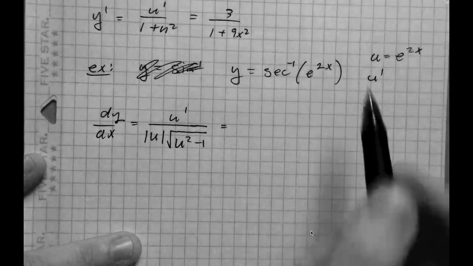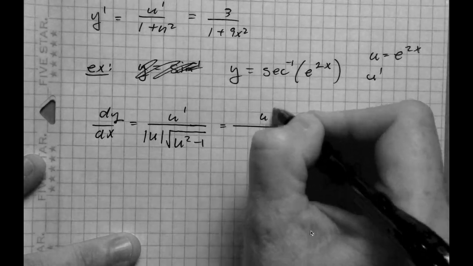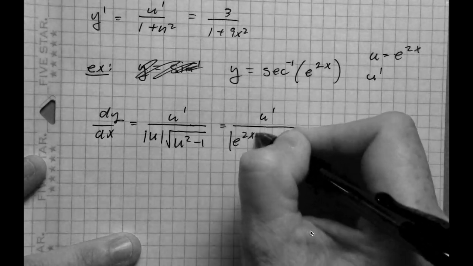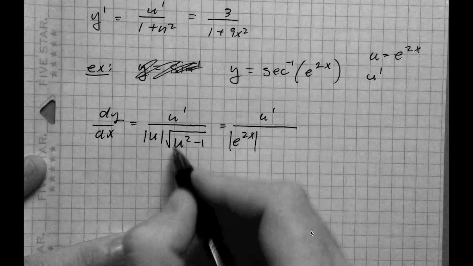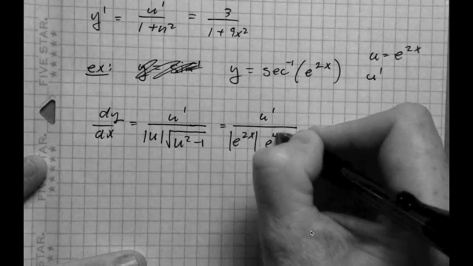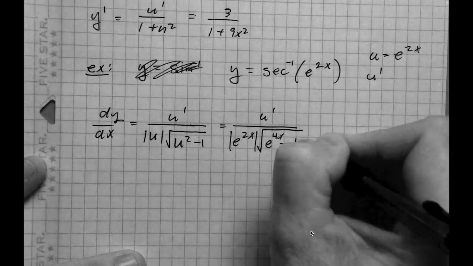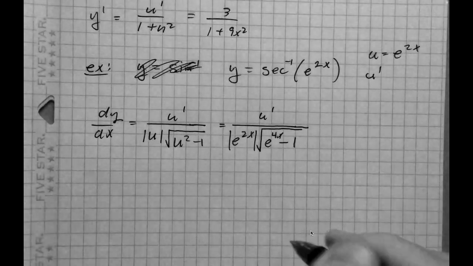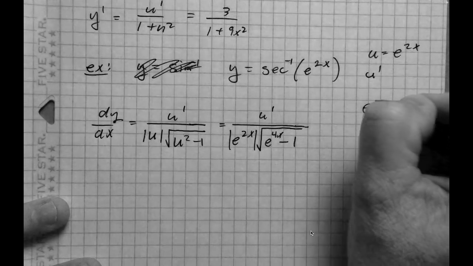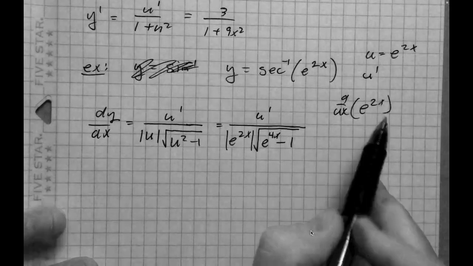Okay, so u prime we have to think about, but let's plug the rest of this in. The absolute value of u is just the absolute value of e to the 2x. And then u squared would be e to the 2x squared, which would be e to the 4x, and then minus 1. So what is u prime? Well, the derivative of e to the 2x, so this is like the chain rule, right?